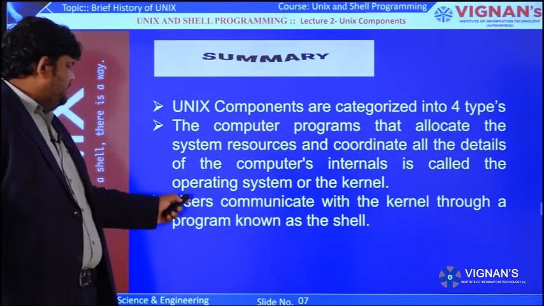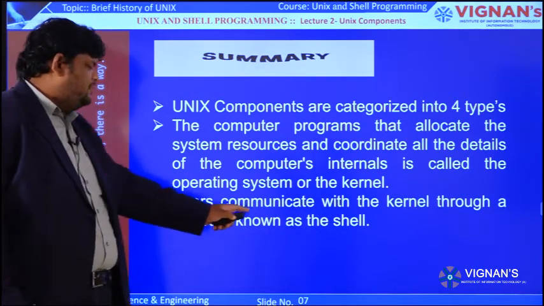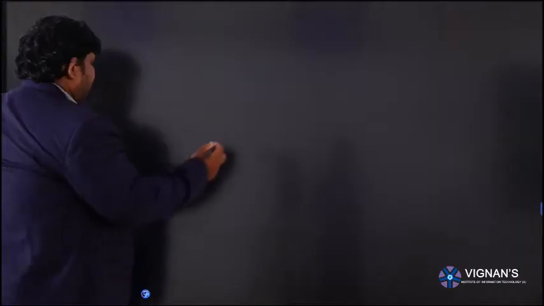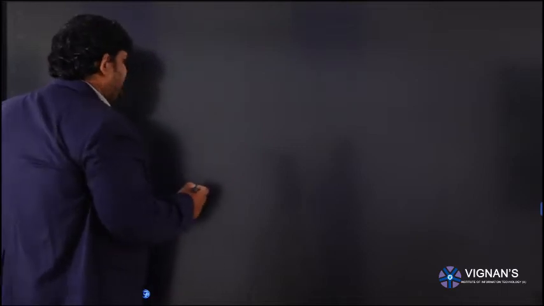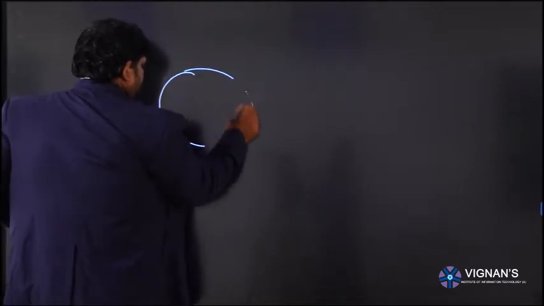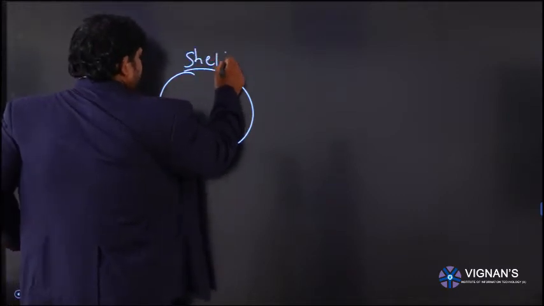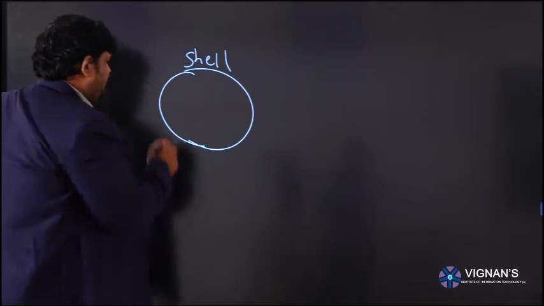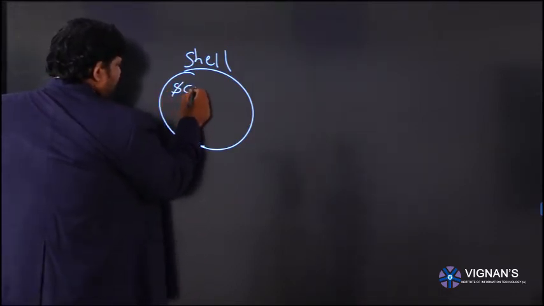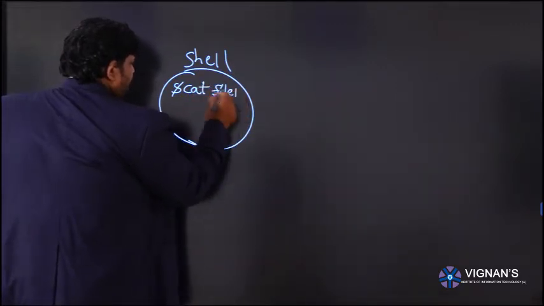The user communicates with the kernel through a program known as the shell. For this we can see one example of how these components interact with each other. This is the shell, that is my command line interpreter. Assume we are typing one command, cat space file1.